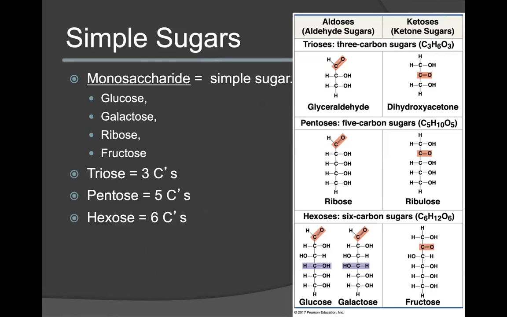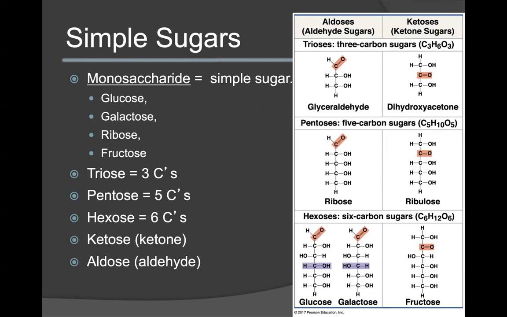A triose is a sugar that is comprised of 3 carbons, pentose has 5 carbons, and a hexose sugar has 6 carbons. So by knowing the base structure of a sugar, you can determine how many carbons are involved in creating that sugar. Sugars can also be classified as ketoses or aldoses.